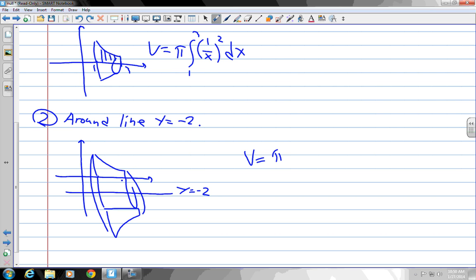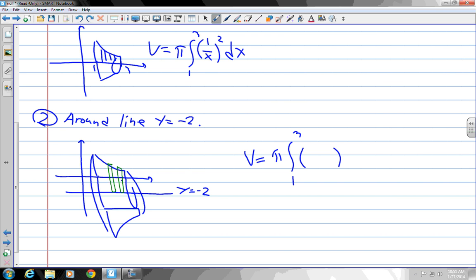So if we just think about this, still integral from 1 to 3, well, what is the big radius here? Yes, it's 1 over x minus -2, so 1 over x plus 2, right?